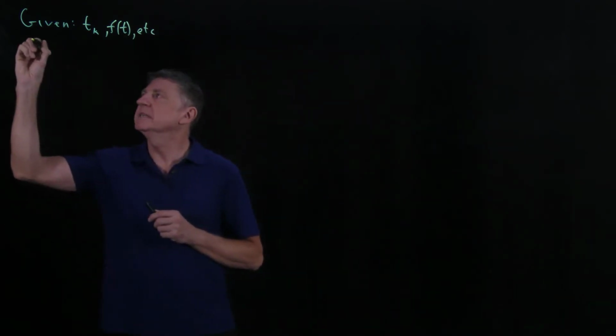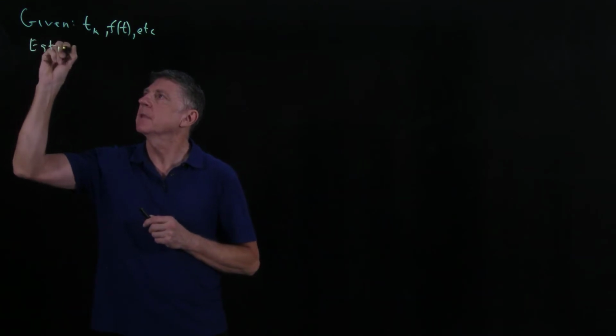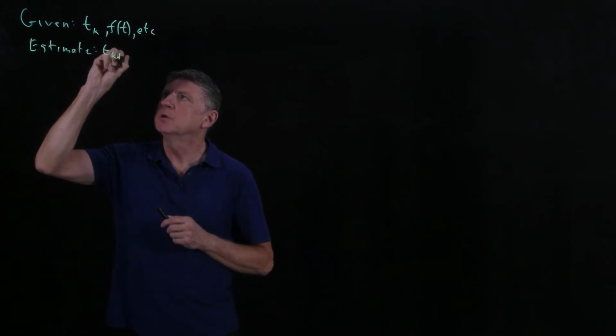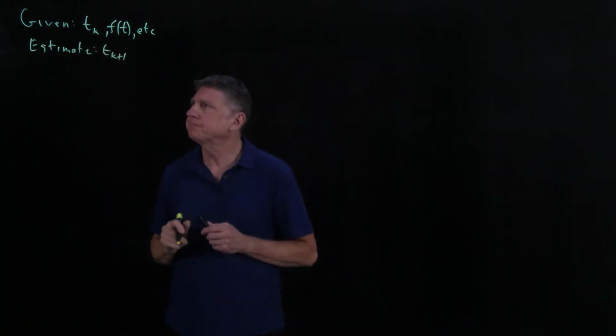What we want to do is estimate a new value of the minimizer, which we'll call t_{k+1}.